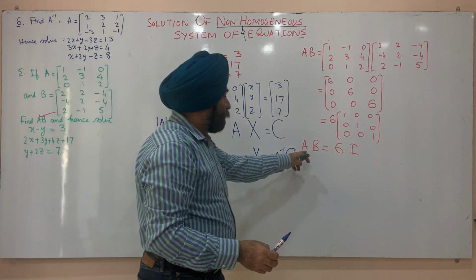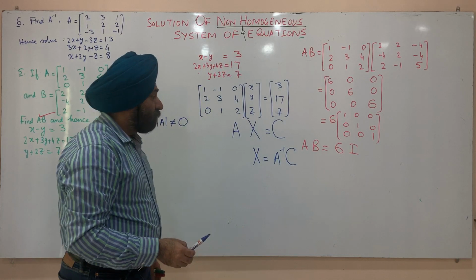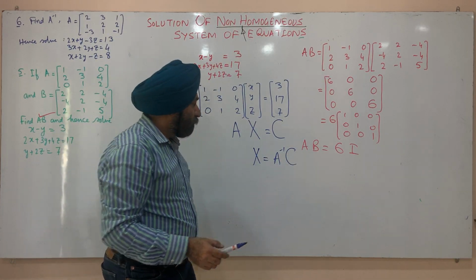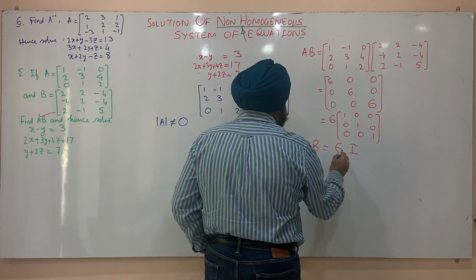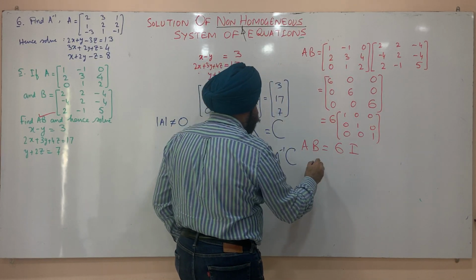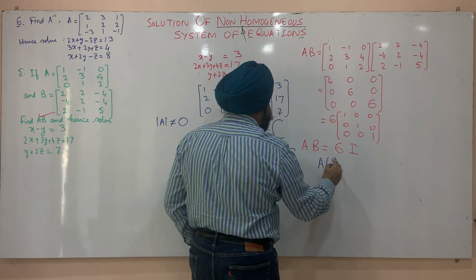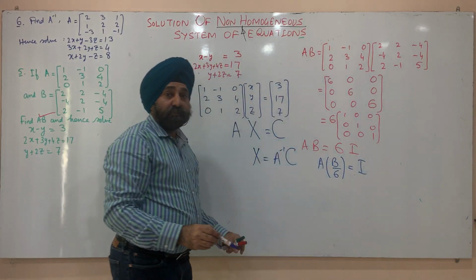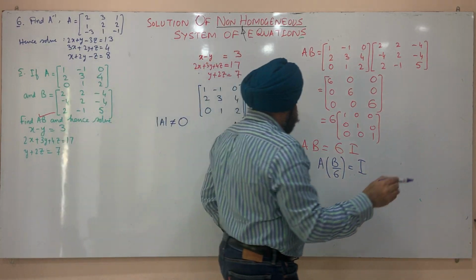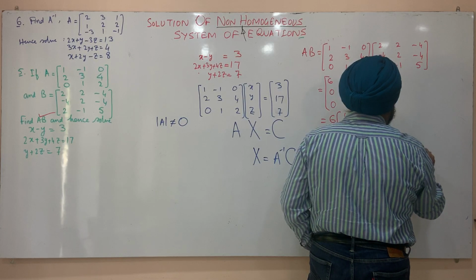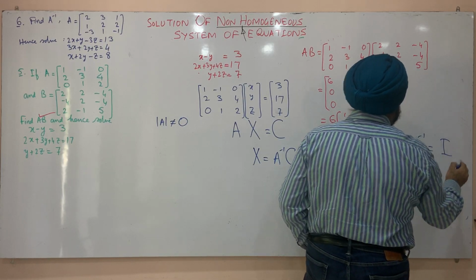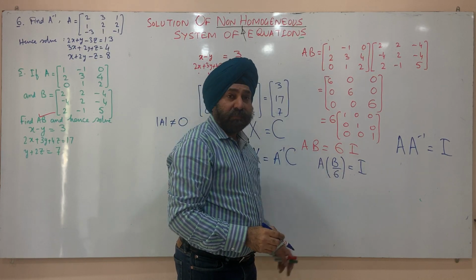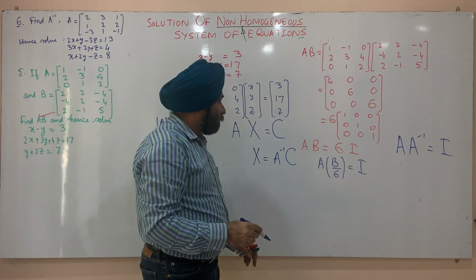Now where to use this? AB is equal to 6I. This will help us find A inverse. So shifting 6 to the left hand side, I write B upon 6, and this is equal to I. We already know that A into A inverse is I. That is, if the product of two matrices is I, each is the inverse of the other.